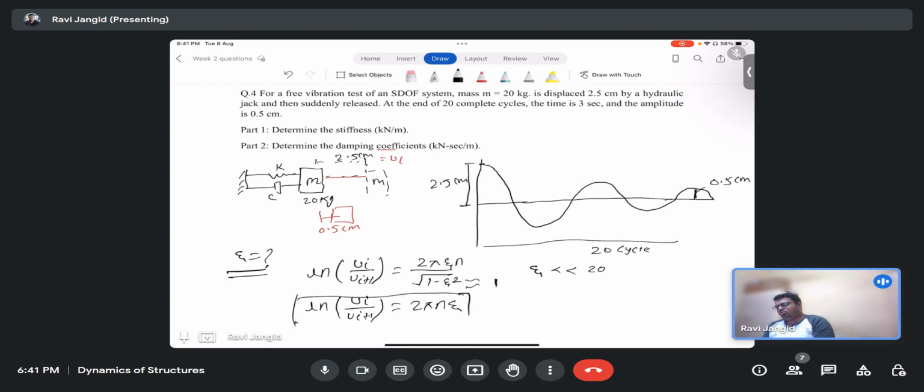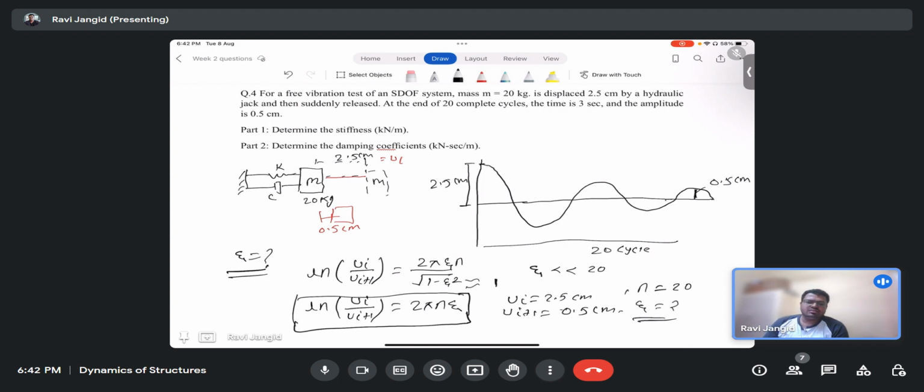Now you have u_i, which is 2.5 centimeter, u_(i+1), or n plus 1, whatever it is, 0.5 centimeter, and n is 20. Now you can get it. Please find it. What is the zeta?